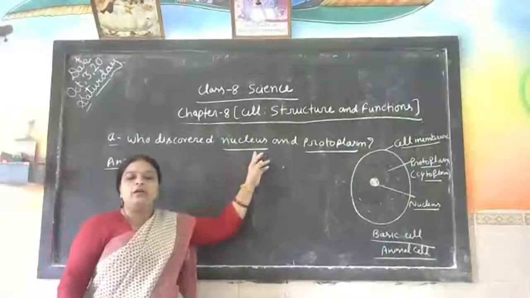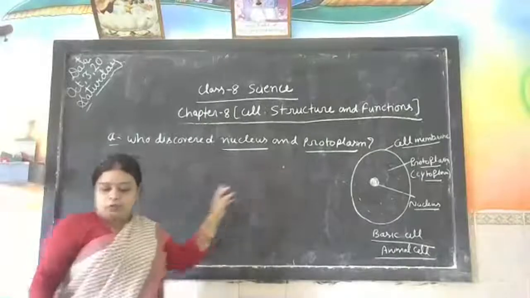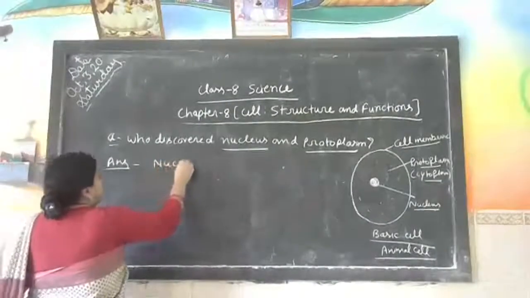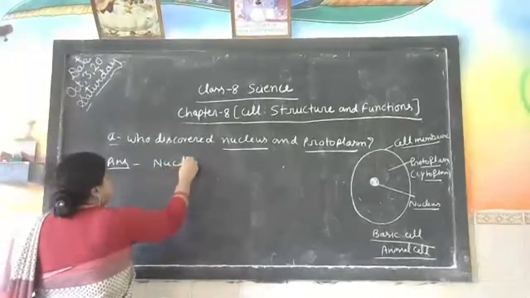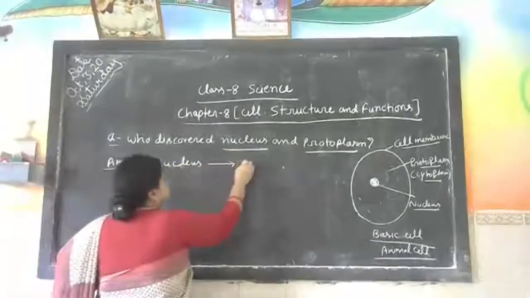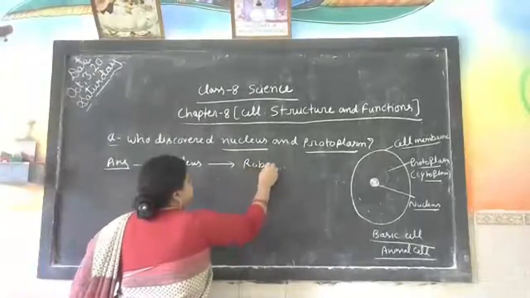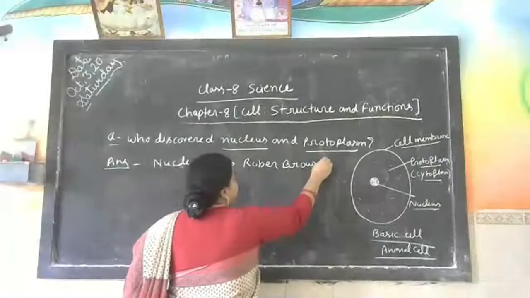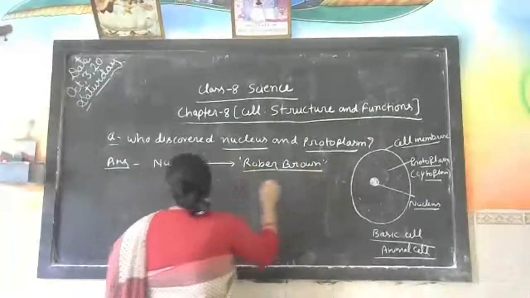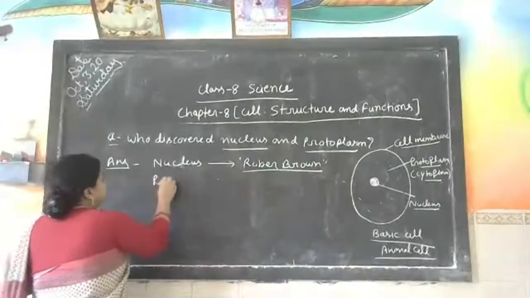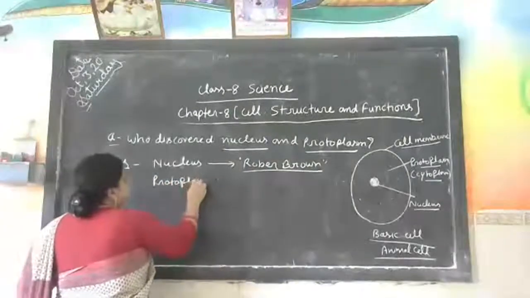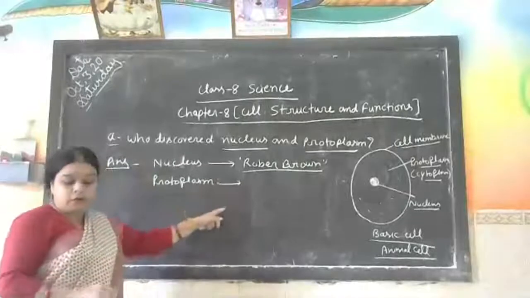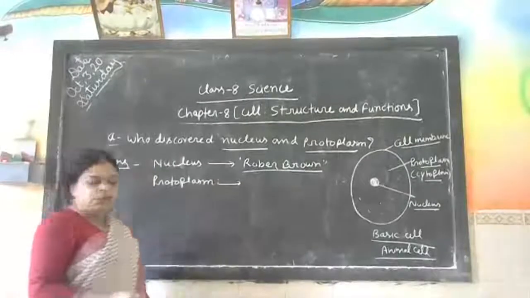Nucleus is discovered by Robert Brown. And protoplasm is discovered by J.E. Purkinje.